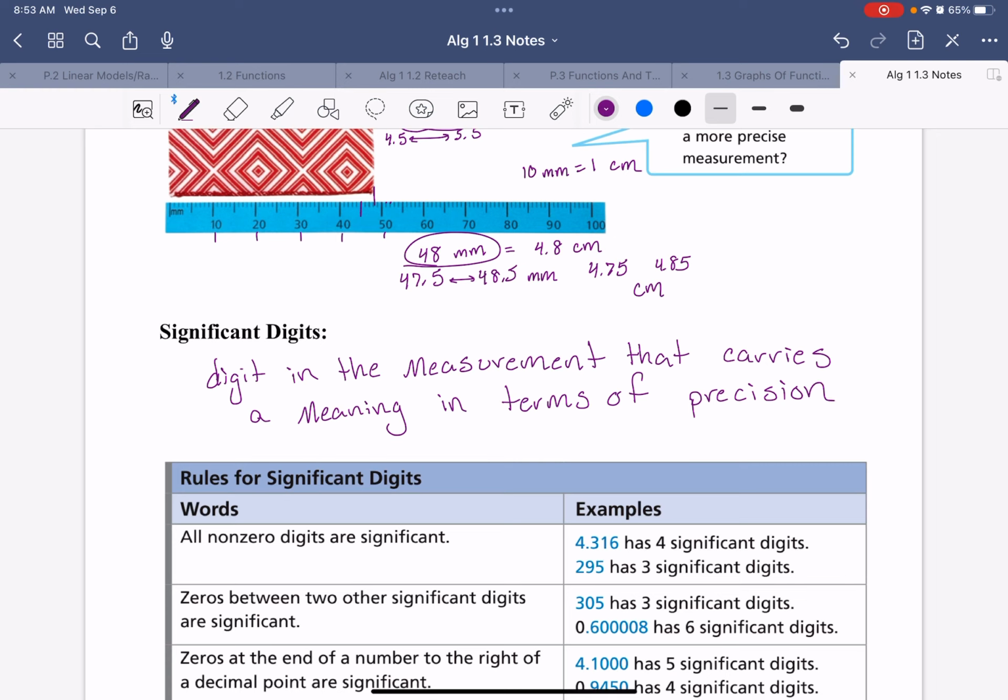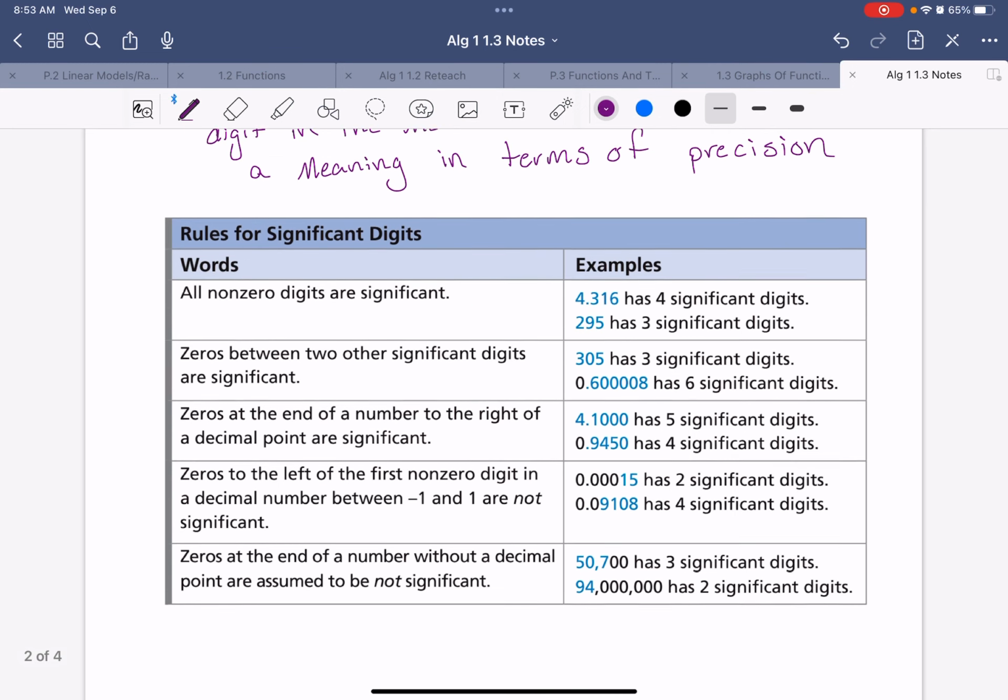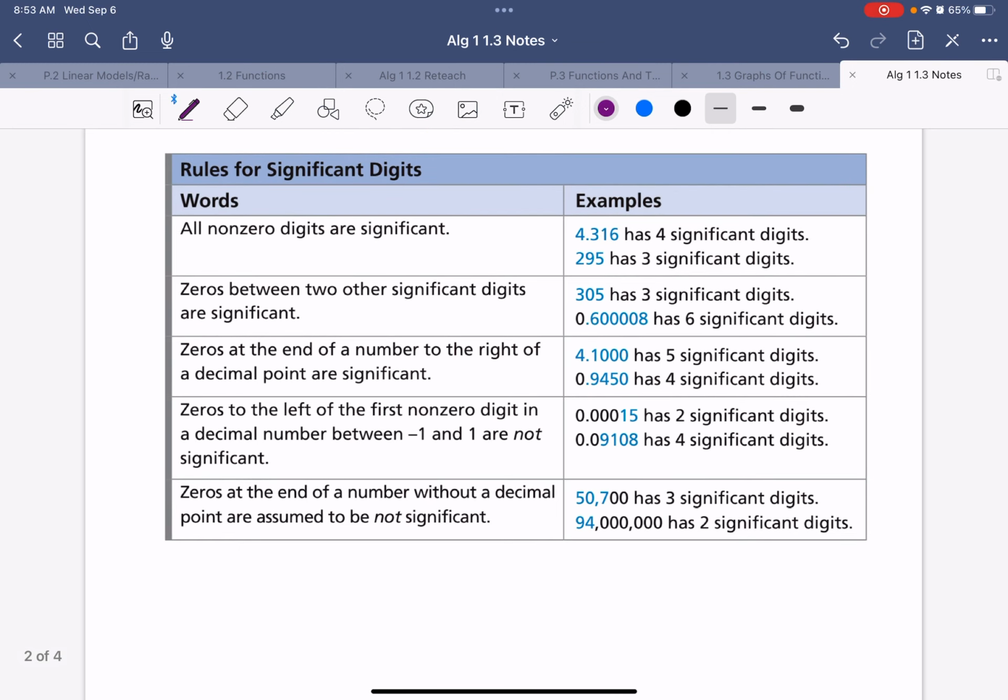Basically, it is what part of the measurement actually has some meaning there.